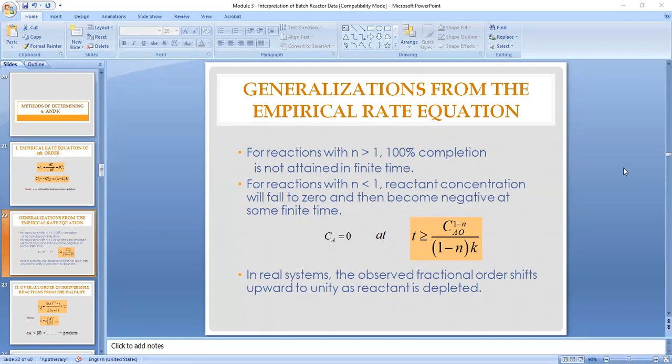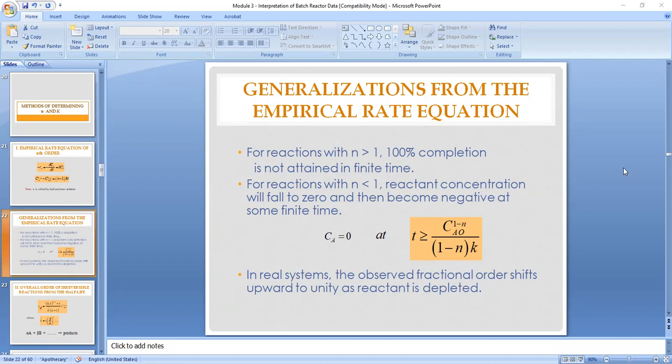If it says 100% completion is not attained in finite time, what's your understanding of that, John?